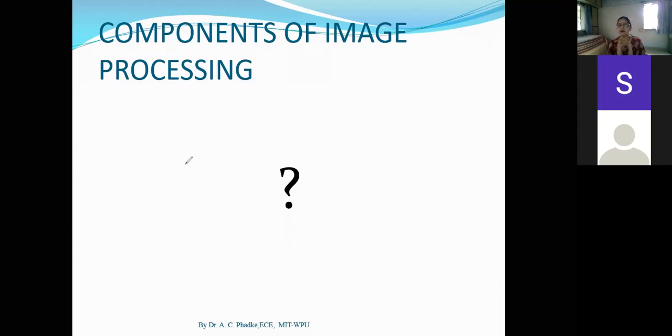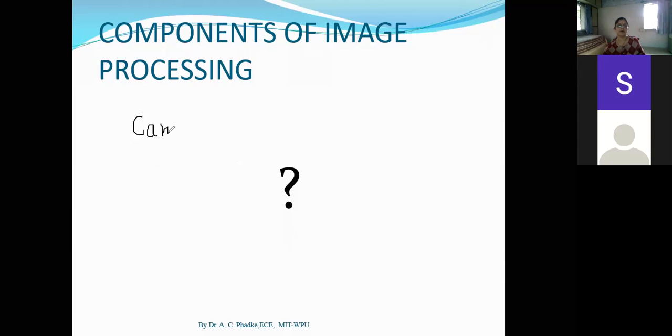Now just think of a system in a broader sense. What are the various components? Yes, I got a very correct answer from Pradnesh Dev. Camera, yes, the very first component, that is camera.